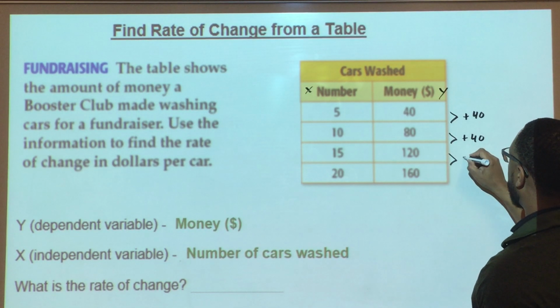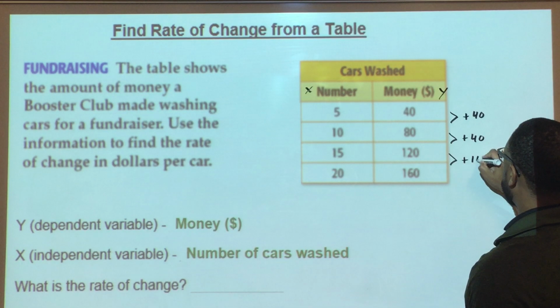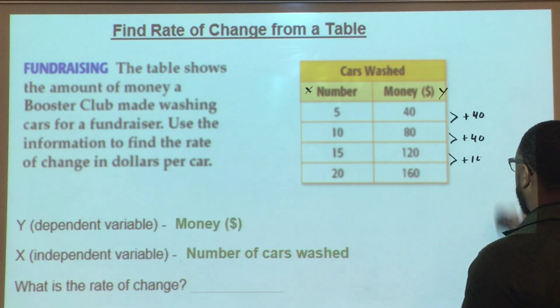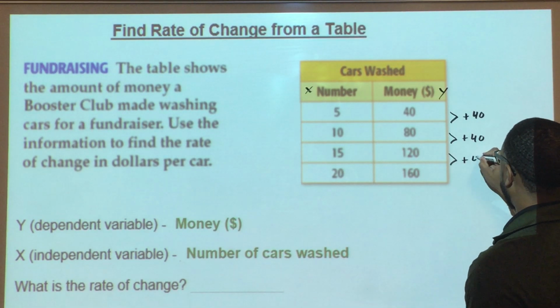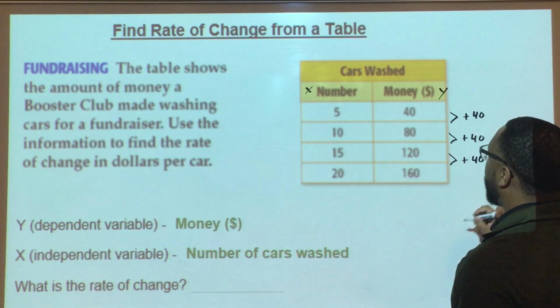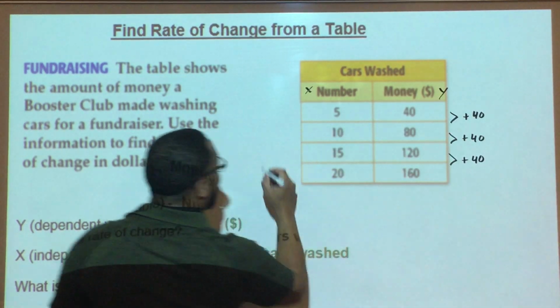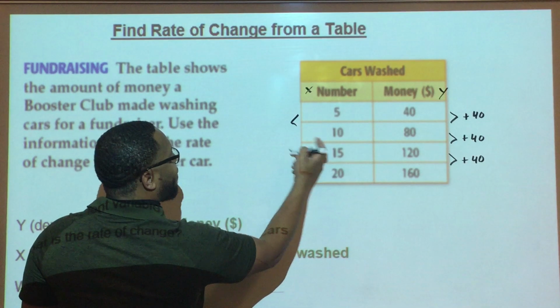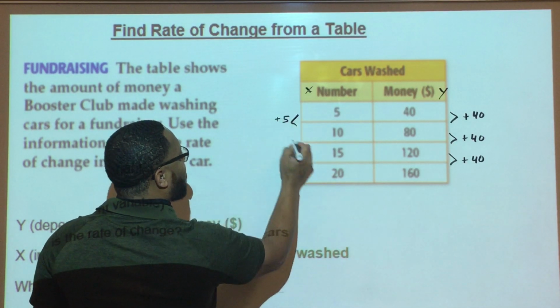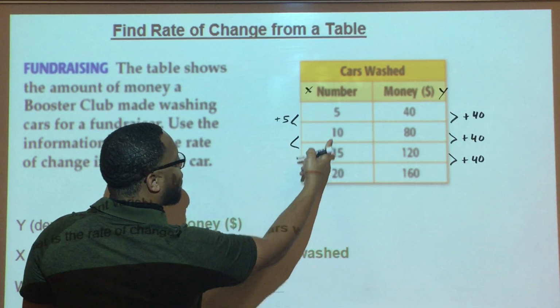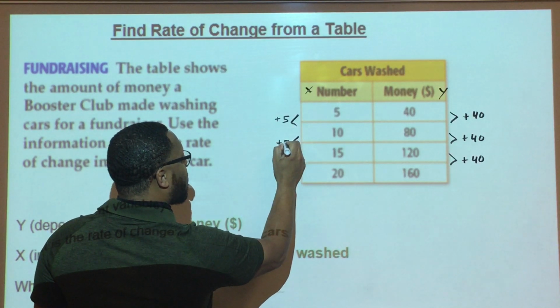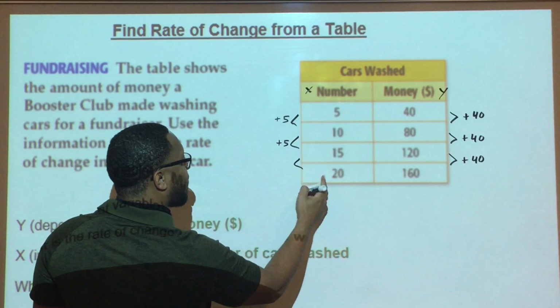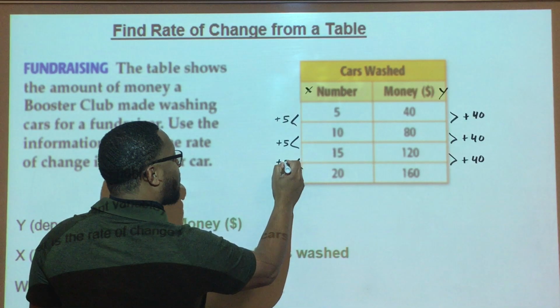From 120 to 160, that is an increase of 40. Now let's look at what x is changing by. I go from 5 to 10, so that's plus 5. From 10 to 15, that is plus 5. 15 to 20, that is plus 5.